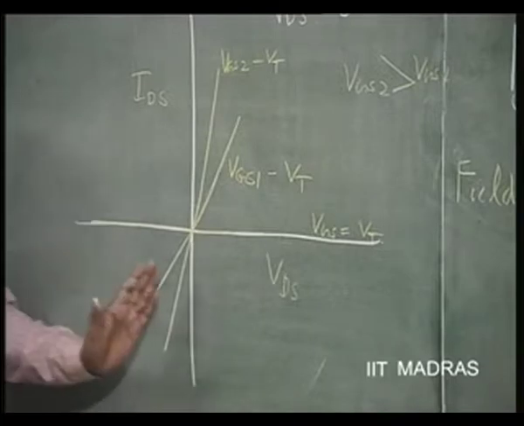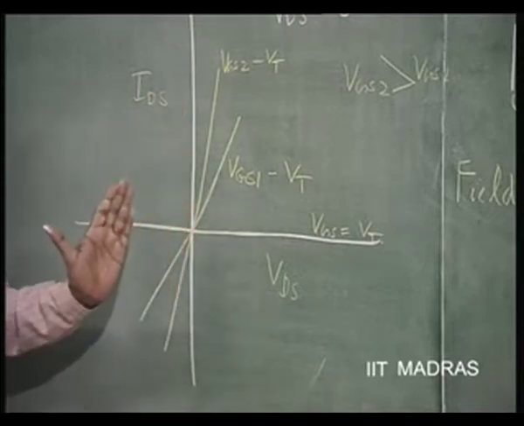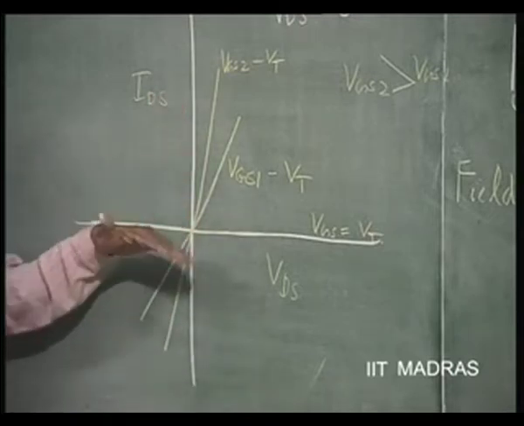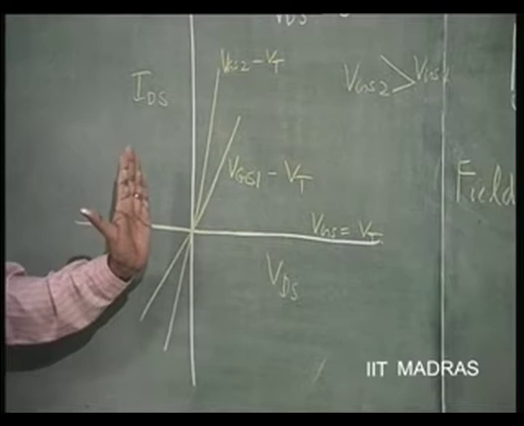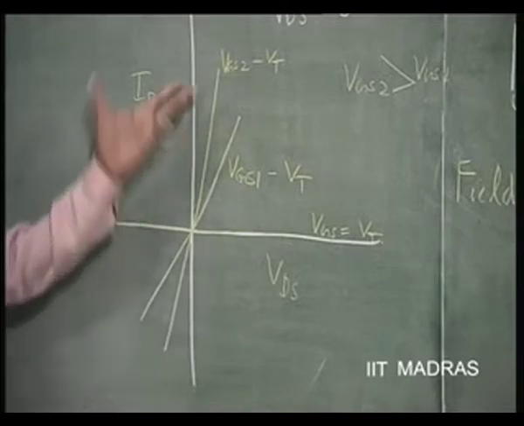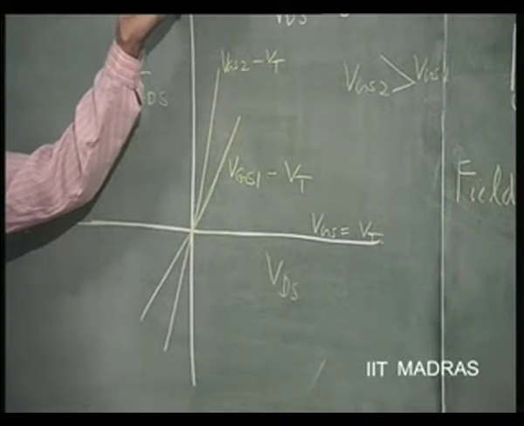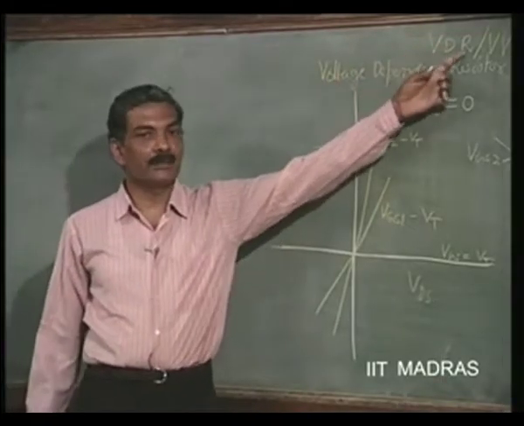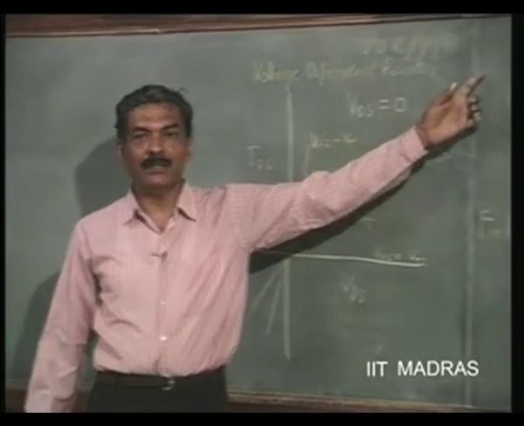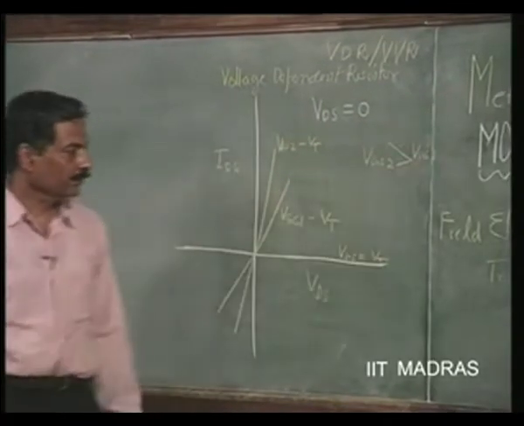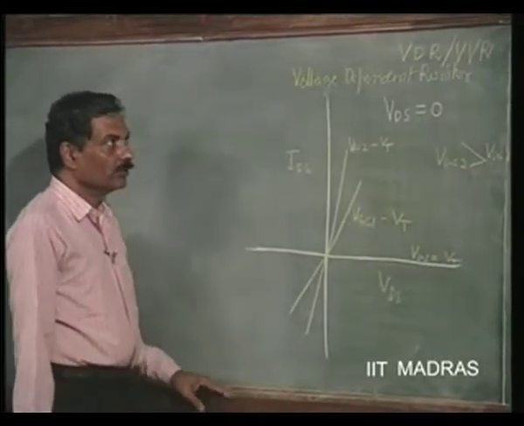So, that means by varying this VGS, I can vary the resistance of this. This is an important application of the field effect transistor. It is a voltage dependent resistor or voltage variable resistor.